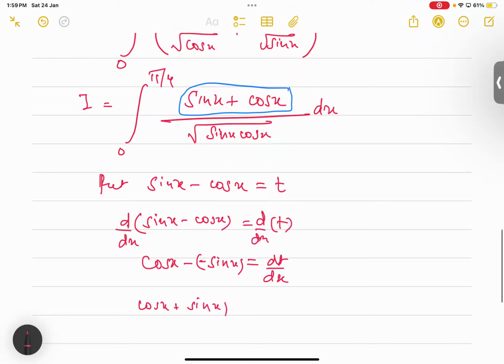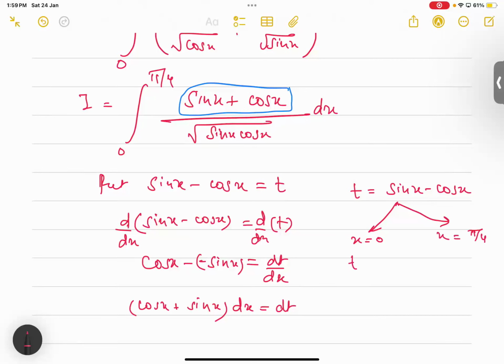So cos x plus sin x dx is equal to dt. t is sin x minus cos x. When x is 0 and x is pi by 4: sin 0 minus cos 0 is minus 1, and sin 45 minus cos 45 is 0. Clear?